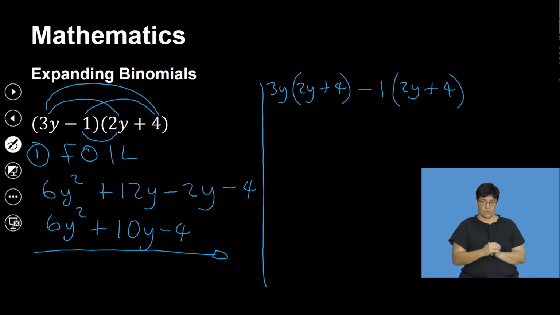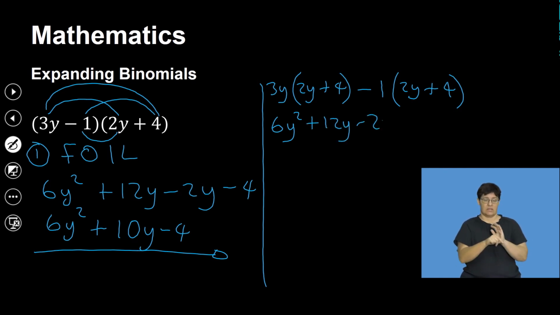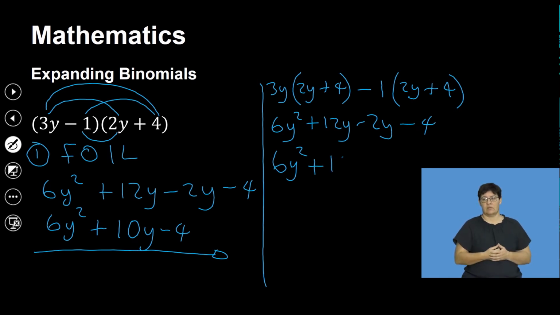And then you use your distributive property, which then becomes 6y squared plus the 12y minus 2y minus 4. And then 6y squared will remain as 6y squared. There's really nothing I can do to it. Plus 10y minus 4.